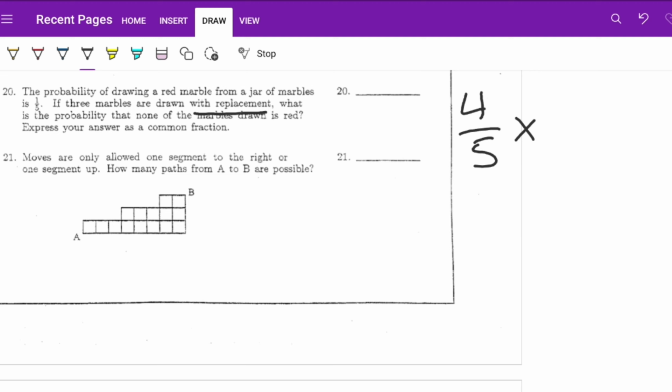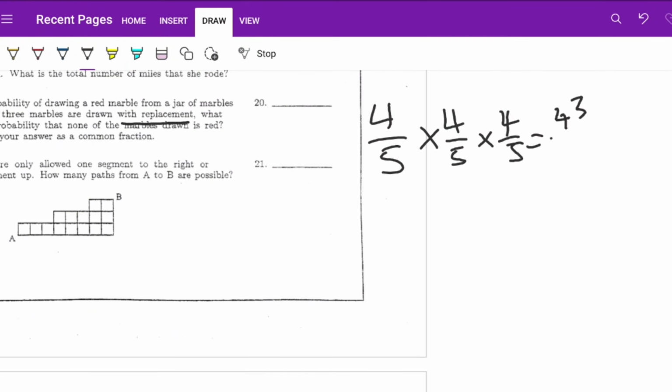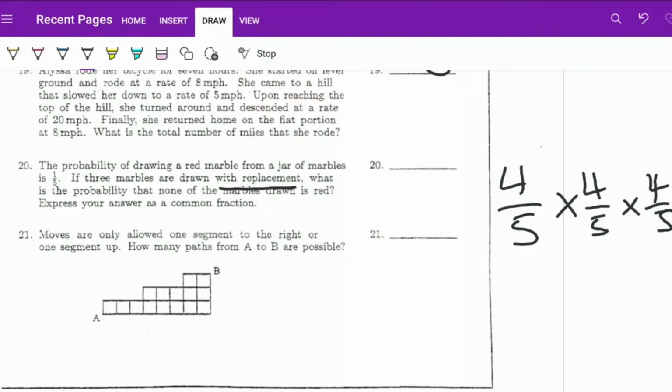So when we're drawing the second time, the probability is still 4/5, and the third time is still 4/5, and we just get 4 to the third over 5 to the third. That's 64 over 125. So our answer for number 20 is 64 over 125. So that's the problems 16 through 20.